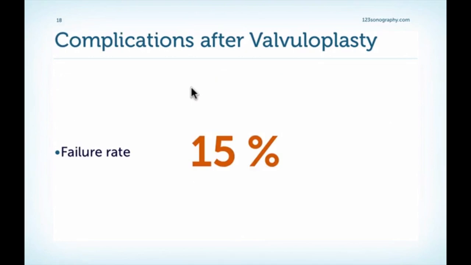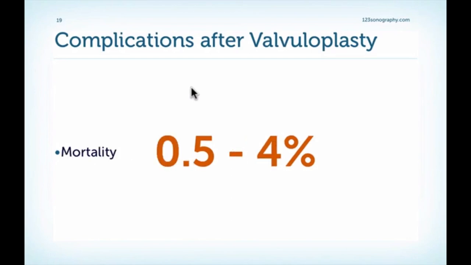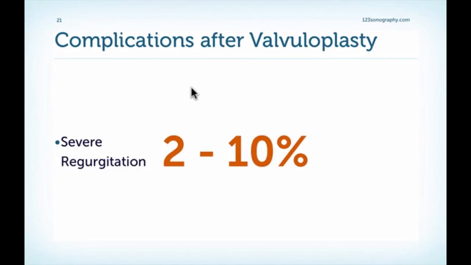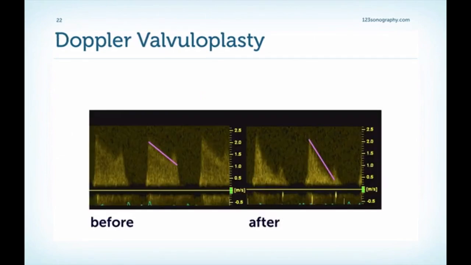What complications can you find after valvuloplasty? A failure rate of 15%, a mortality of 0.5 to 4%, embolism of 0.5 to 5%, and severe regurgitation in 2 to 10%. Here's a Doppler tracing before and after valvuloplasty, which shows you how good this method actually is.